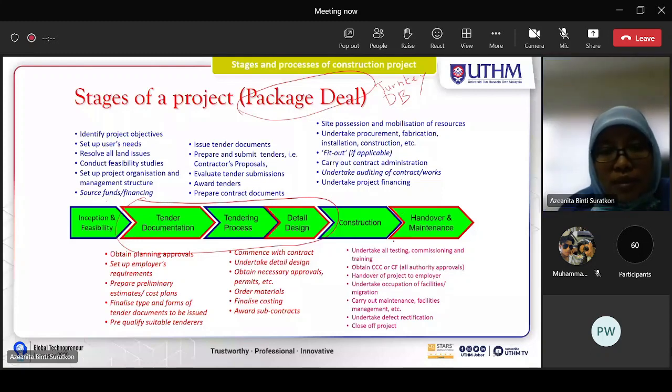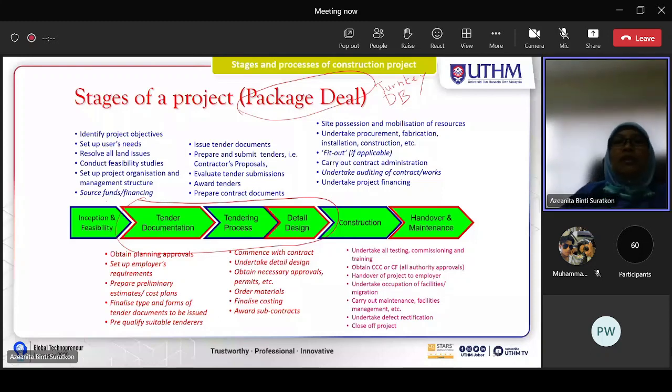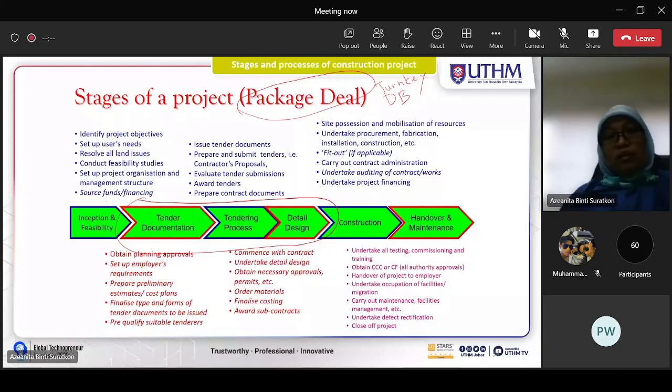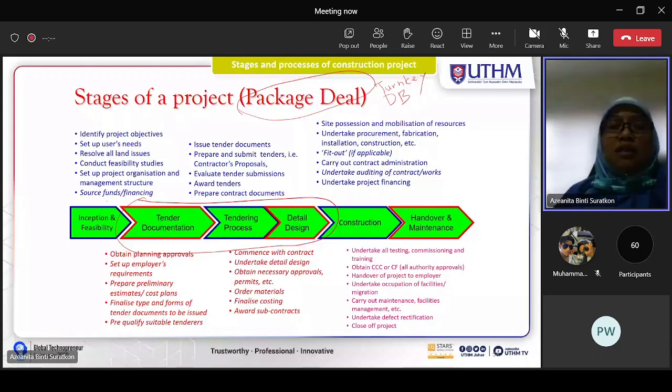Okay. Right. So any comment on why they are different? Anybody have an idea why in turnkey or DB or package deal the project stage is like this?